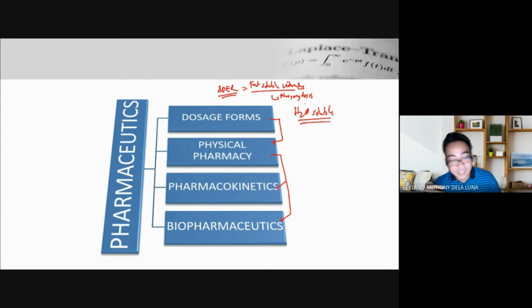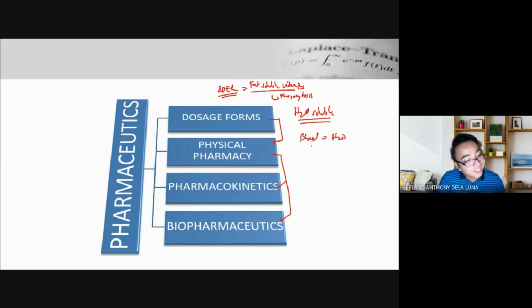So anyway, class, one requirement of almost all drugs in the market is that it should be water soluble. For one main reason, class. Our blood, class, is 80% water. It's nearly 80% water. Then, andyan yung mga dissolved elements natin, and other cells. So basically, class, blood is made up of water.